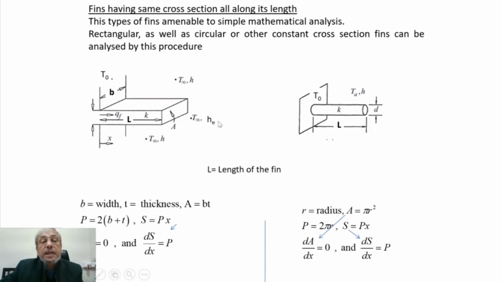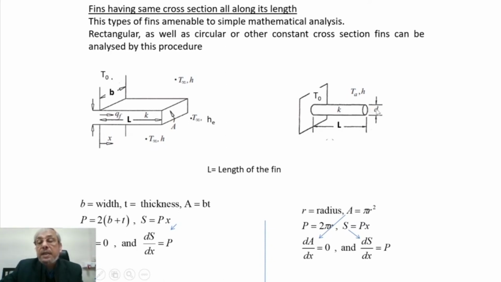As I said, h and he are normally the same, but in some situations they can be different. For a generalized paradigm, we have considered he as different, but if it is equal, there is no problem. And this is a fin which has a cylindrical shape.